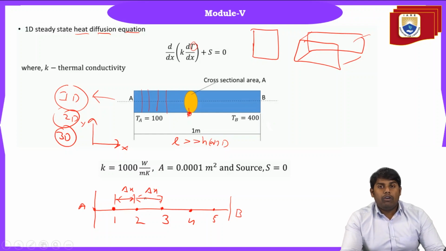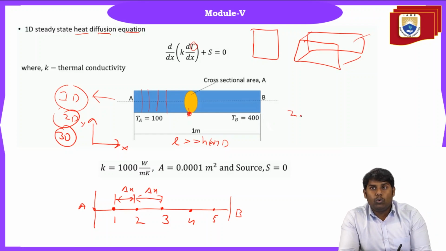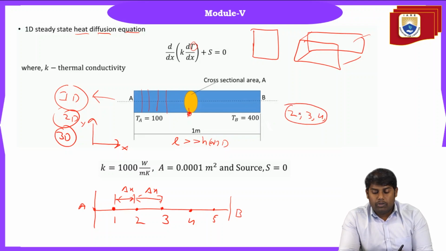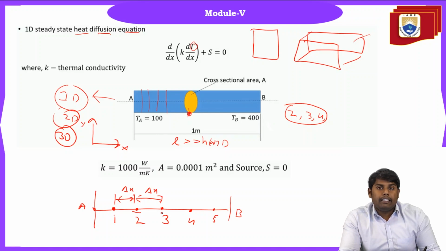So we have grid points 2, 3, 4. These are called the interior grid points, or the internal grid points. For point 2, what is the neighboring point? What is the west node? We have 1 as the west node and 3 as the east node. Whereas for grid point 1, we have the wall.